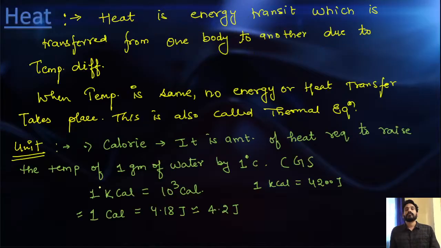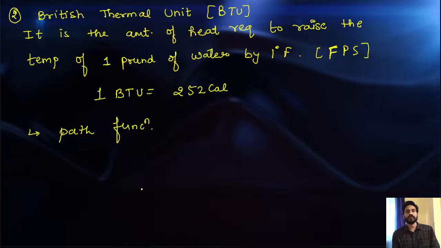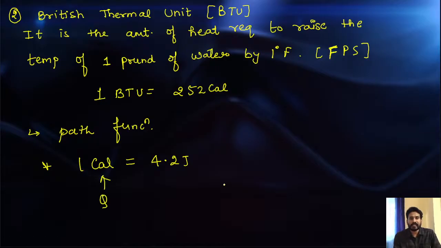So see, here I note down 1 calorie is equal to 4.2 joule. So calorie is the unit of heat, remember, and joule is the unit of work done. But both Q and W are energy. So calorie is also a unit of energy and joule is also a unit of energy.